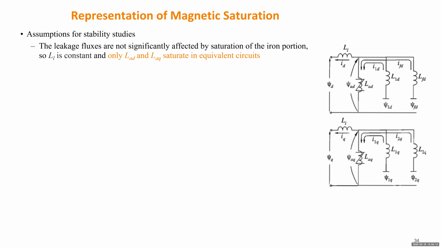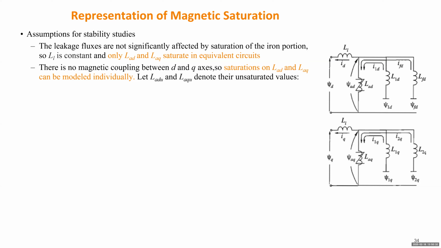And you only assume the LED and LEQ will be changed. LED, LEQ are actually about self and mutual inductance involving the stator winding. So they will change their values when the field current is varying.